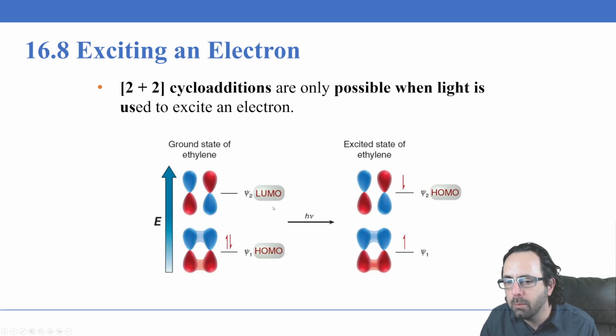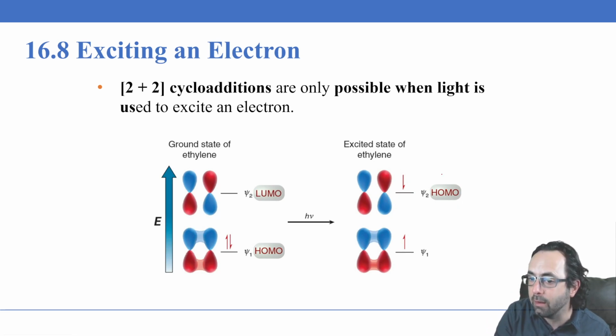However, we can make this reaction occur if we expose the ethylene to UV light, because at that point an electron can be absorbed, and if it's the right frequency or wavelength of radiation, this electron can be promoted to the second orbital, higher in energy, and in that case, this will become the highest occupied molecular orbital.